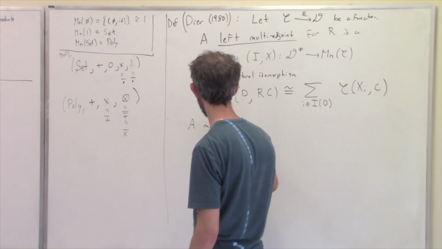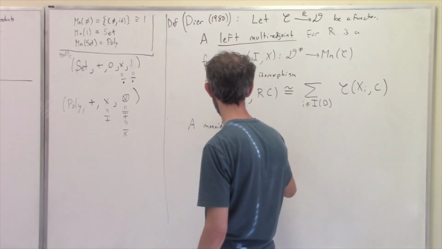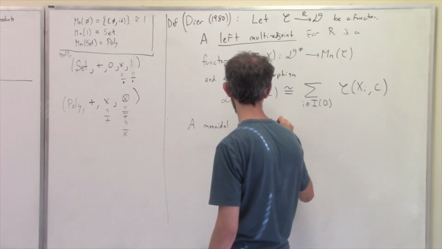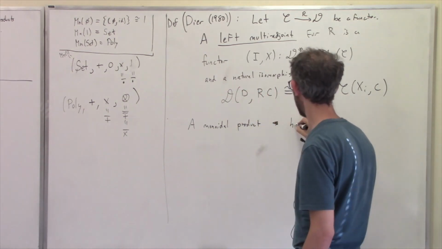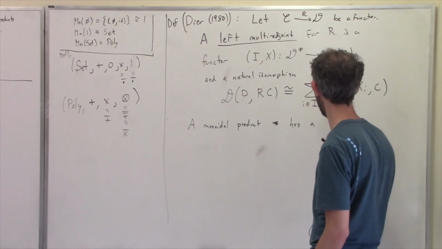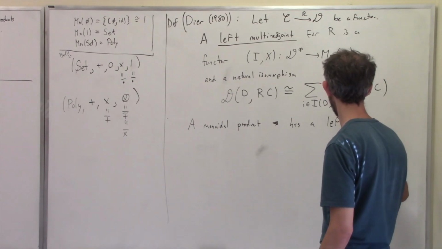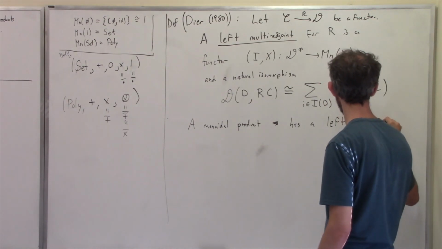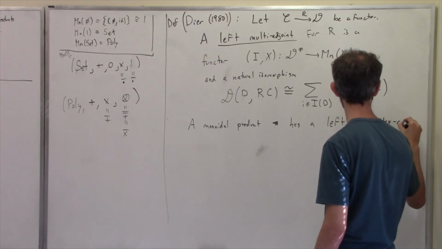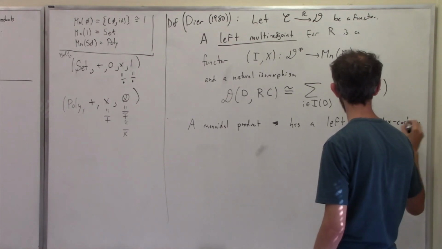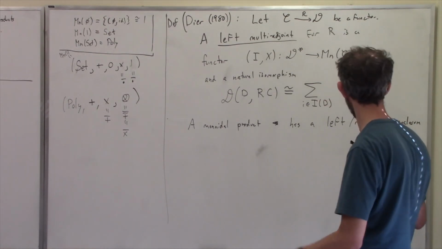Then I want to go on and say a monoidal product, this shape, has, this is a new definition here, a left or a right index co-closure. Okay, that's kind of terrible. I maybe should call it multi-co-closure or something.